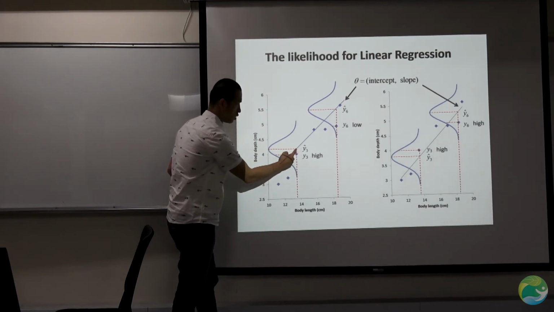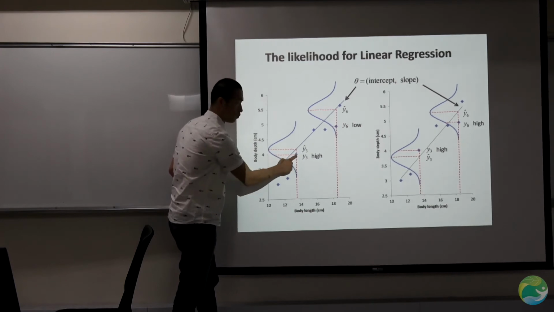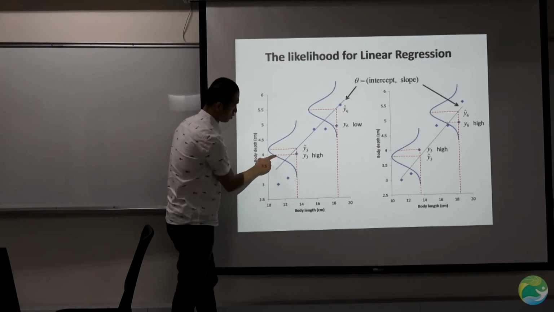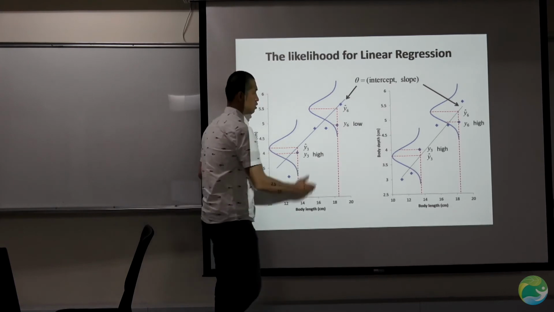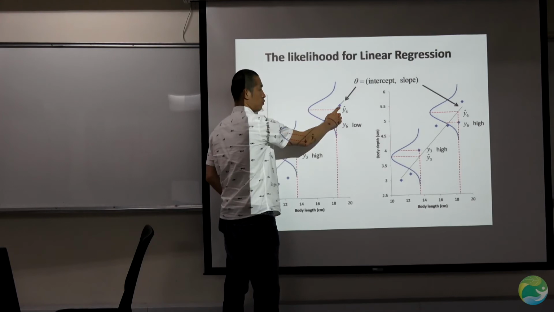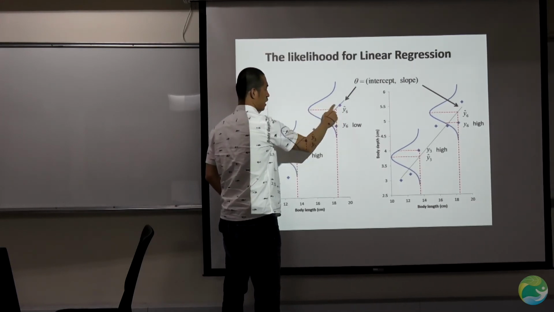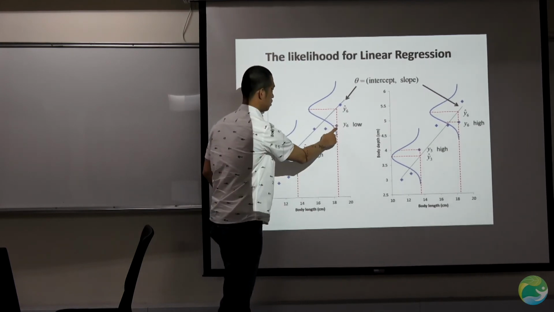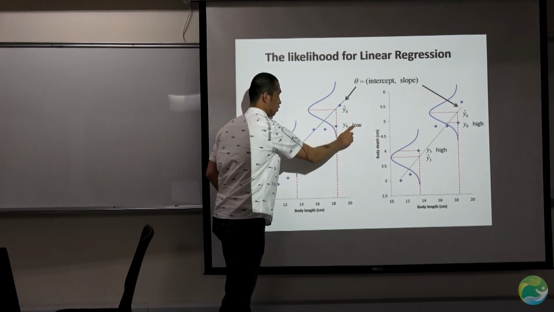Given the model is here, how likely is this observation? Right? Not too bad, it's high. When the model is here, how likely is this observation? The likelihood is, oh no, this one. This value, the likelihood is very low, right?